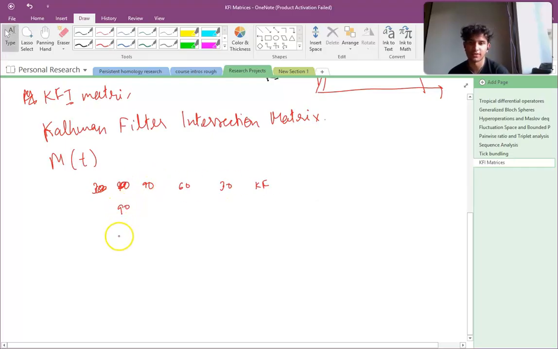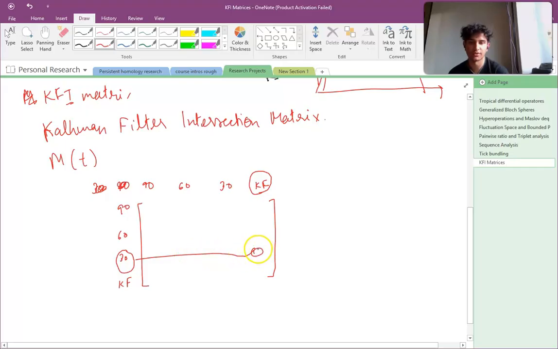Now we have 90 over here, 60, 30, and KF. And now when my Kalman filter intersects with the 30-day moving average, I have two possibilities. I may either note it over here at this row and column, or I may note it here in this row and column.